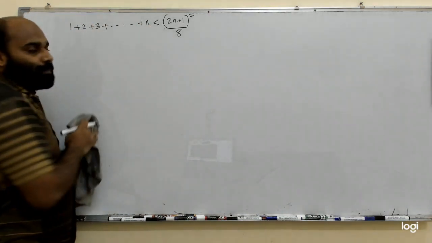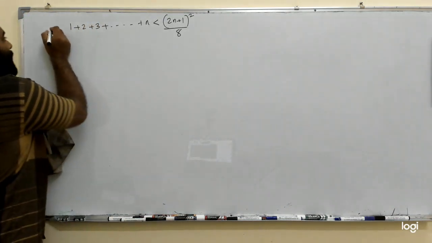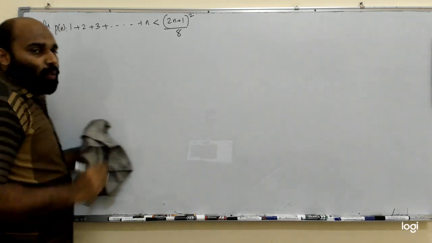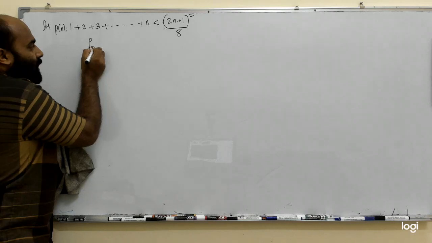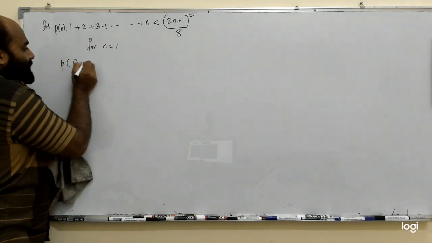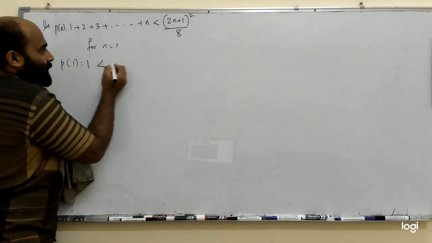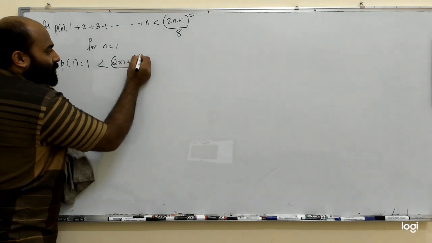Very simple. What is the first procedure? First we have to call a name, P of n. And the first procedure is for n equal to 1. P of 1, left side only 1 will be there. Right side is an inequality, (2 into 1 plus 1) whole square by 8.